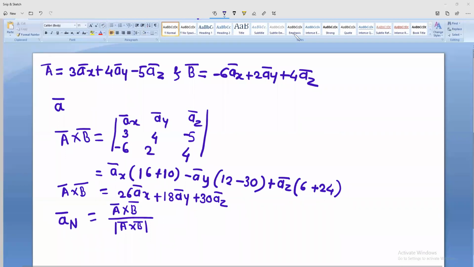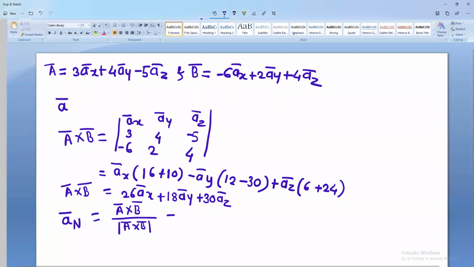So to find the unit vector we have to use that formula. For finding the unit vector a bar n normal to this plane, it is a bar cross b bar divided by mod of a bar cross b bar.